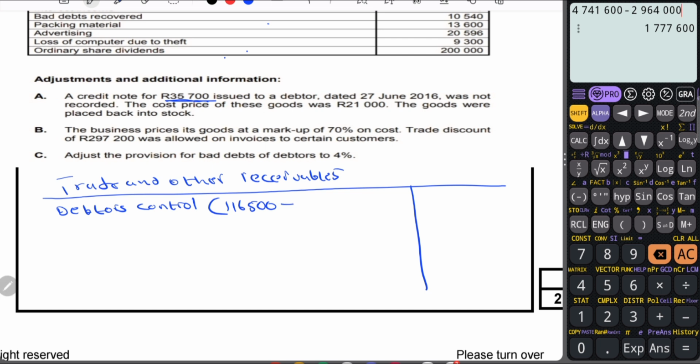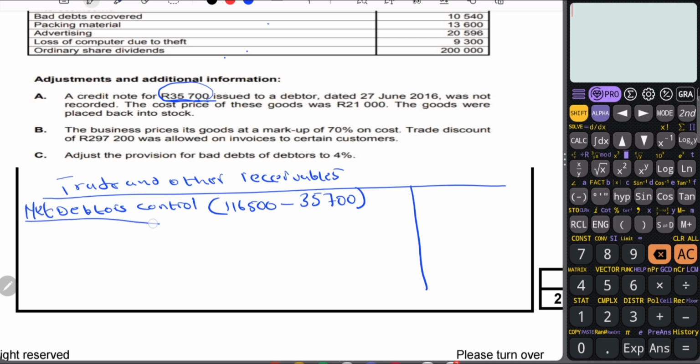That's why we need to take it out, because we sold this one on credit. But now, because they returned the stock, we need to go back to our debtors control and adjust it. That's why here we must take out the 35,700.